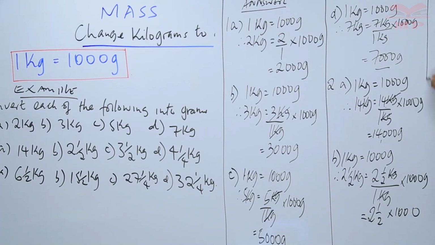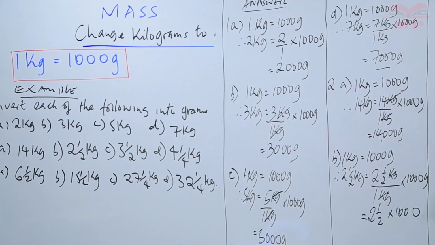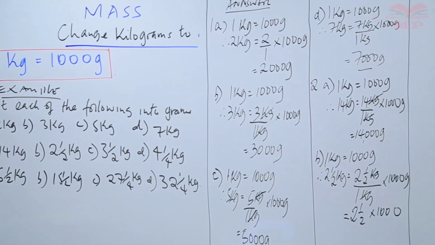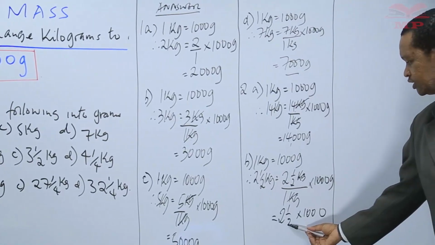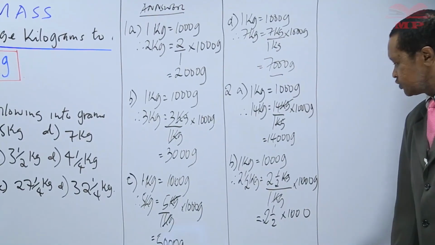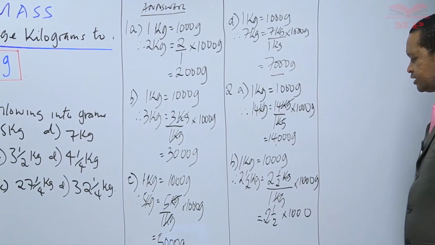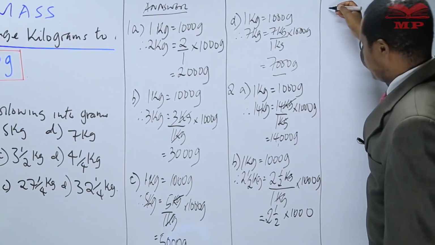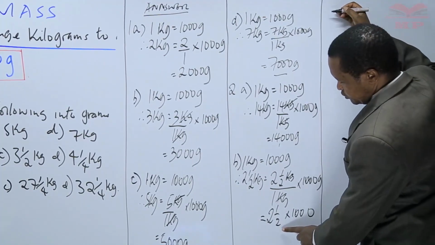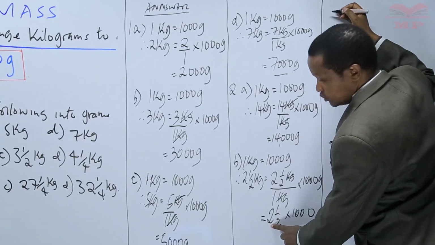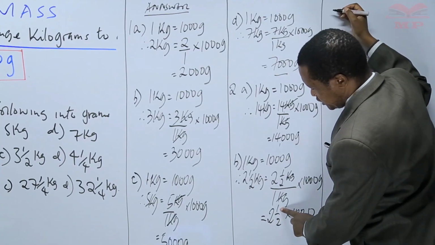I'll continue from this side. 2.5 times 1,000. This is a mixed fraction. We need to convert it to an improper fraction first, then we multiply by 1,000. 2.5 is equal to 2 times 2, which is 4, plus 1, 5.